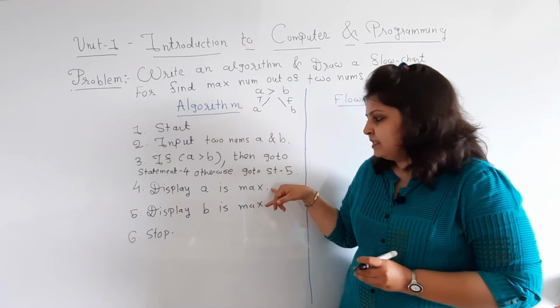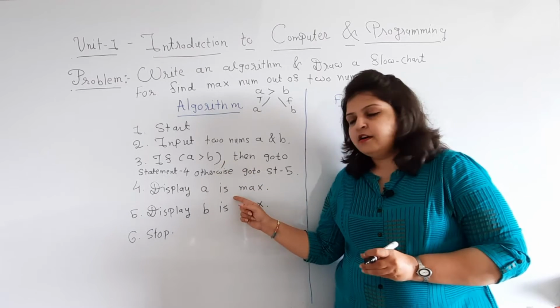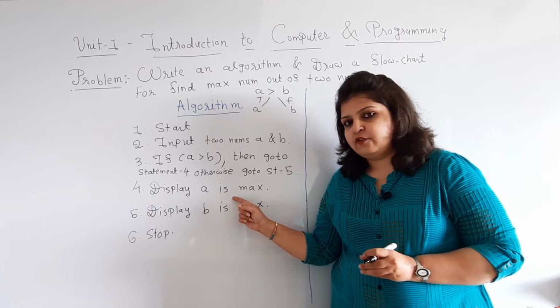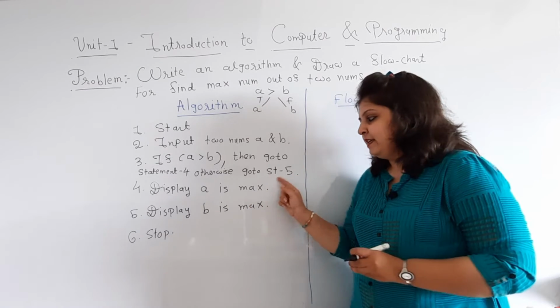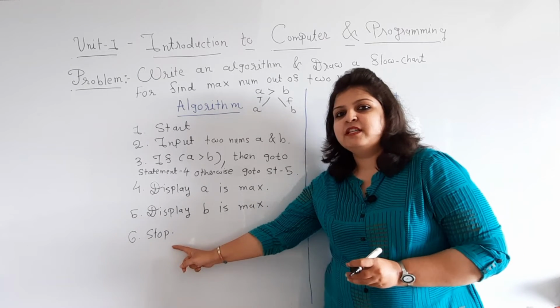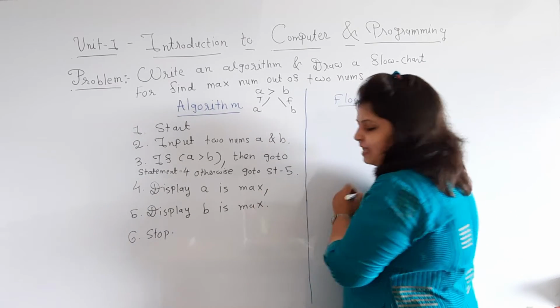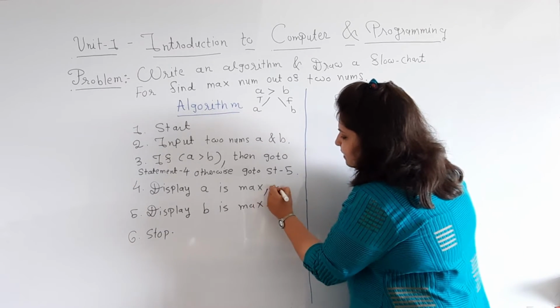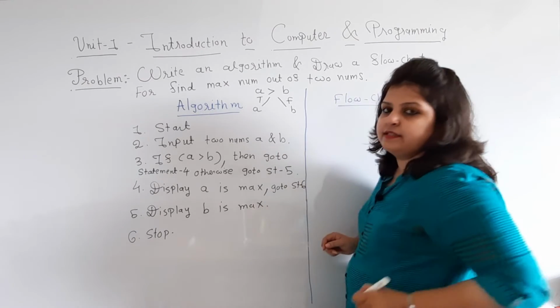And after executing this statement, suppose this condition is true, then statement number 4 will be executed, right? But after executing this statement, our control directly goes to statement number 6, or we can say stop. So here again we have to set control that after executing this statement, go to statement number 6.